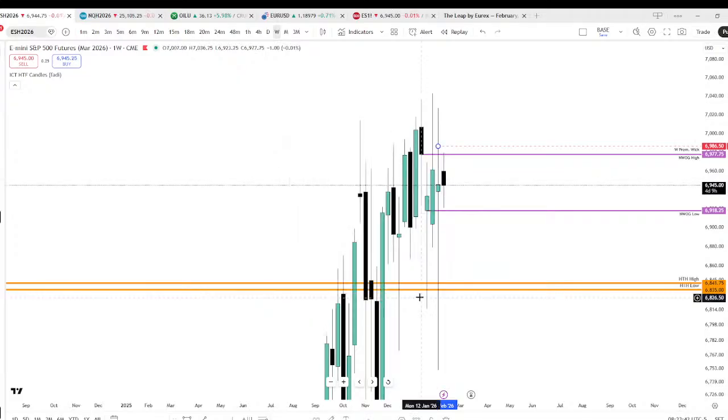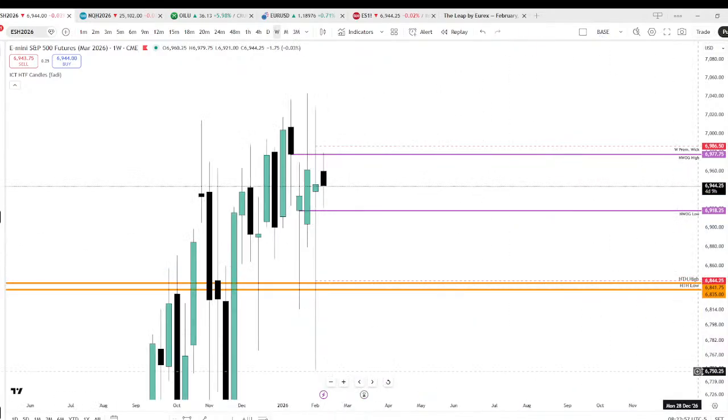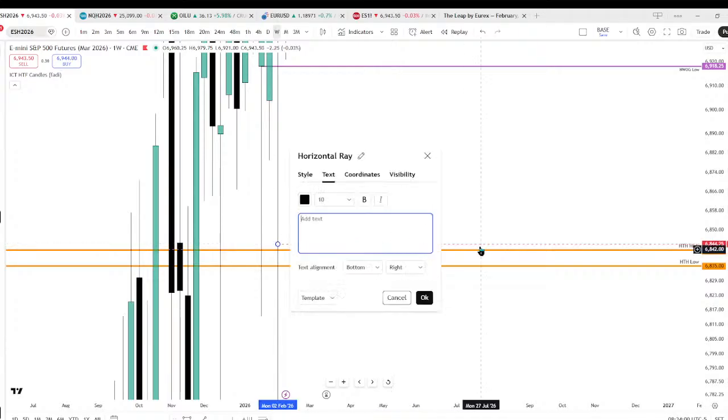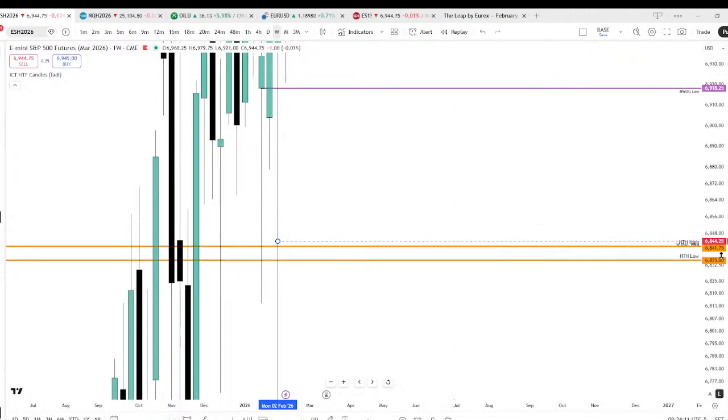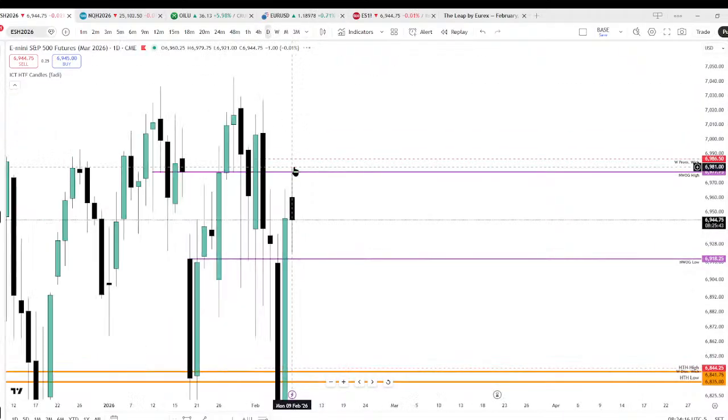So down here, these orange lines, those are the halted trading hours from the CME cooling issue, which sounds like a load of BS, in my opinion.